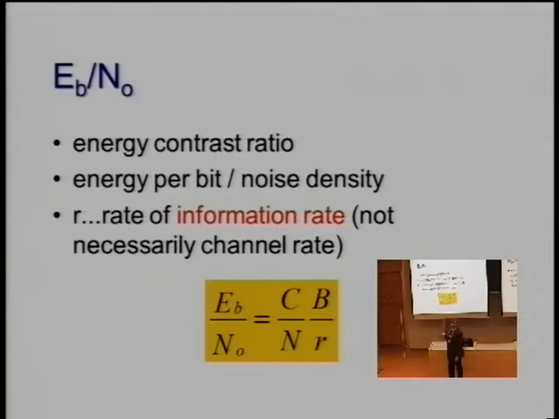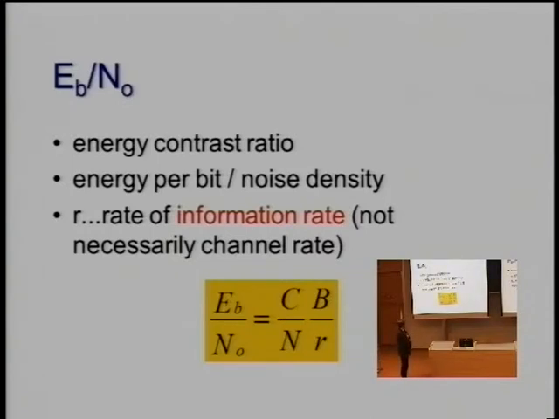This is a normalization process: the energy per bit is carrier power divided by information rate, and noise density, also an energy, is the noise power divided by the equivalent noise bandwidth.